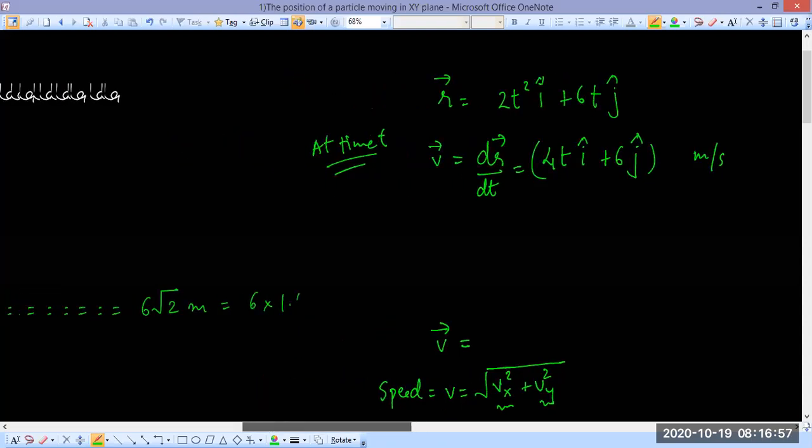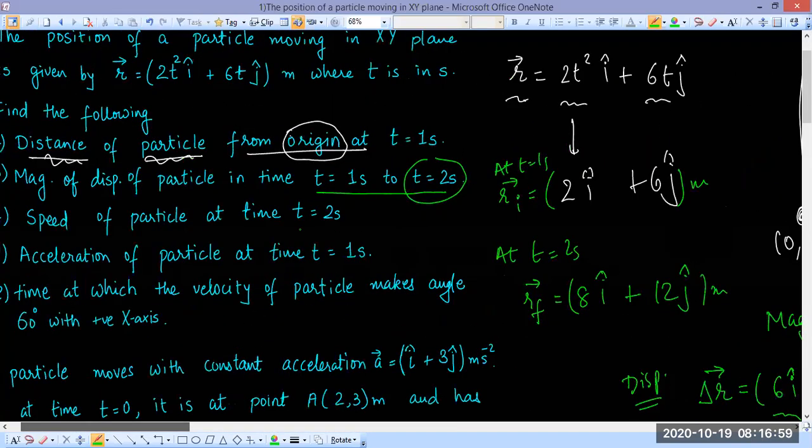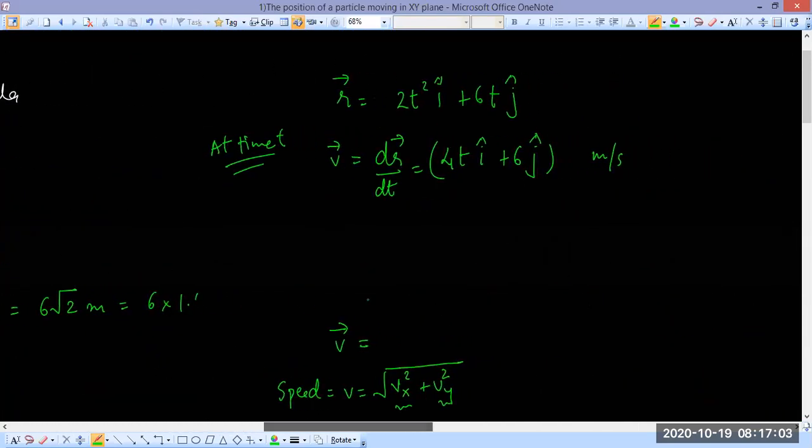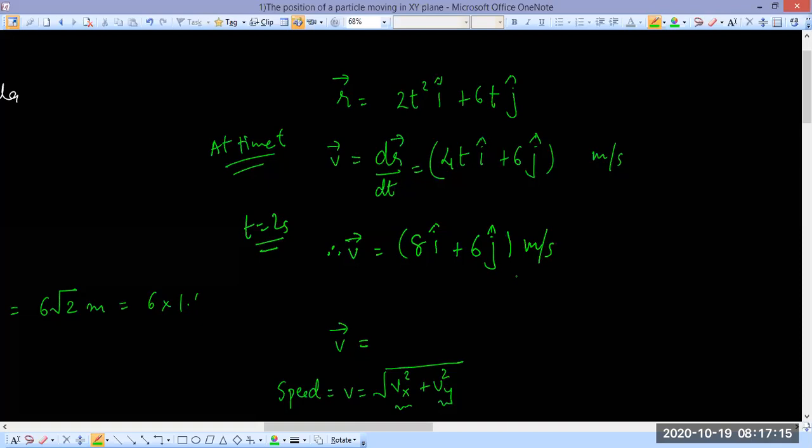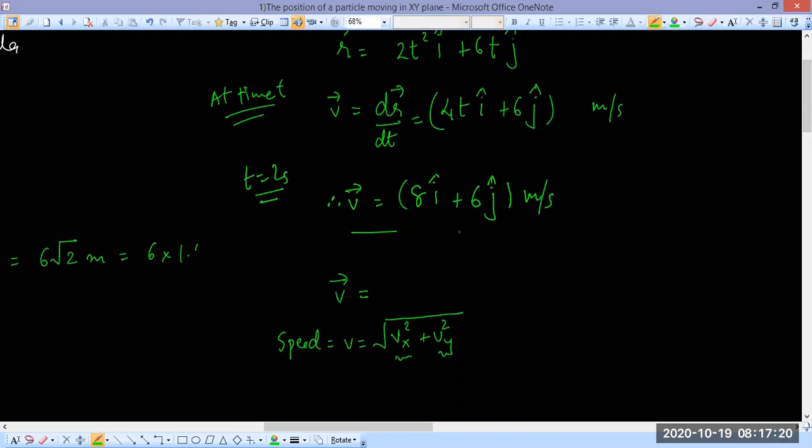At what time do we have to find it? We have to find it at 2 seconds. So you put t equal to 2 now, and you get velocity at t equal to 2 as 8 i caret plus 6 j caret. I hope this step is clear. Now that we have the velocity vector, can you find its magnitude?